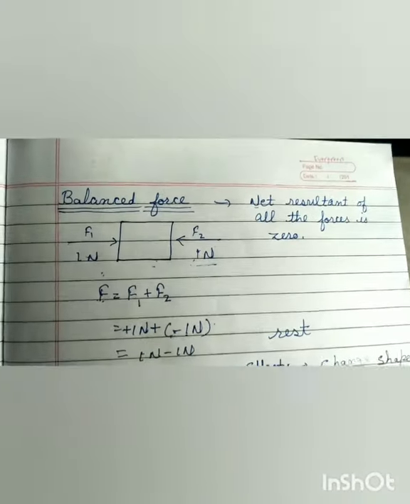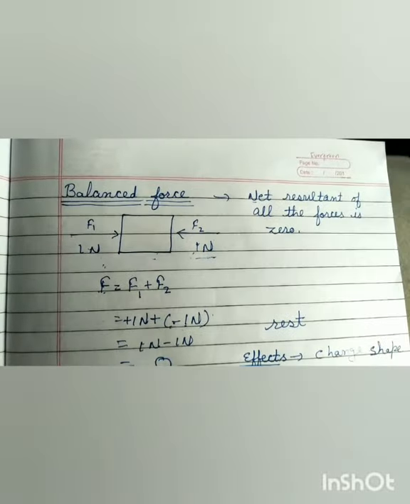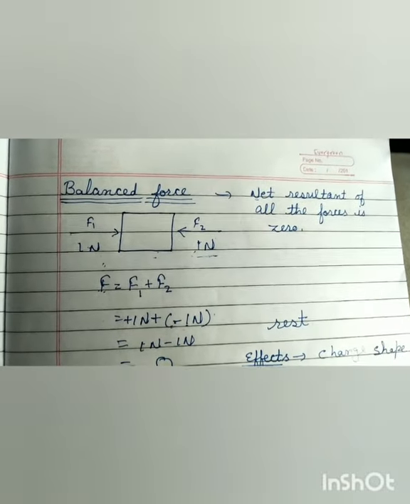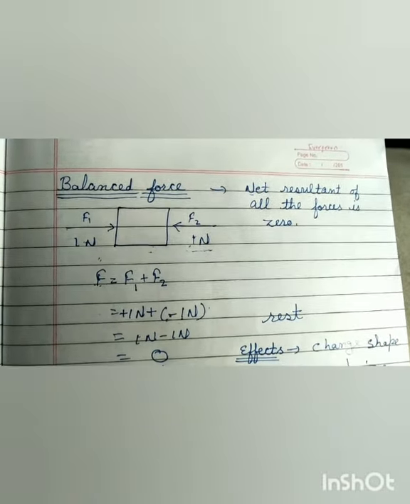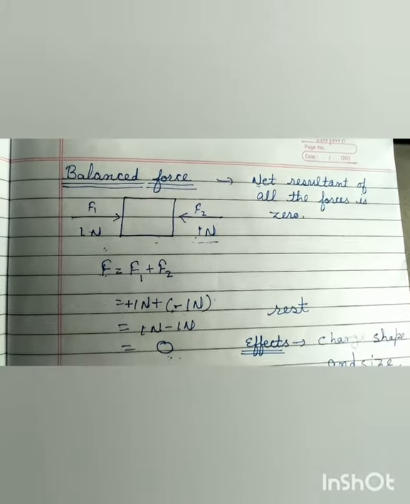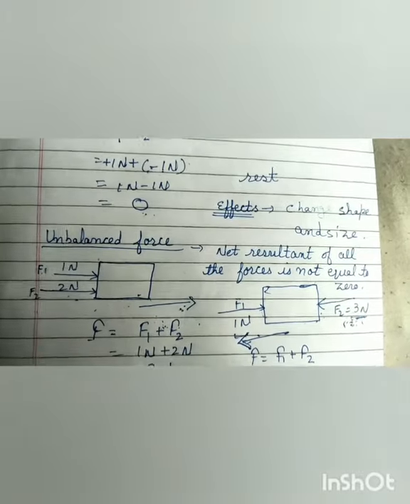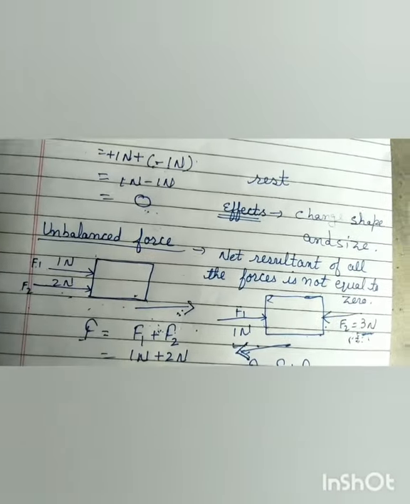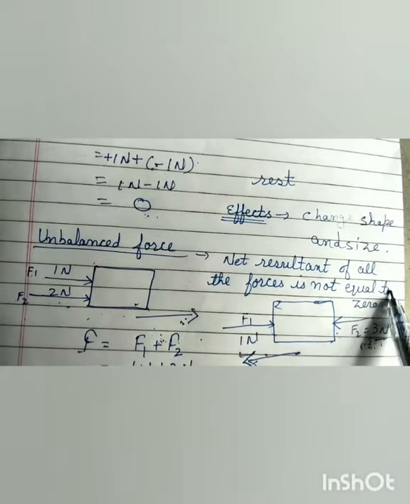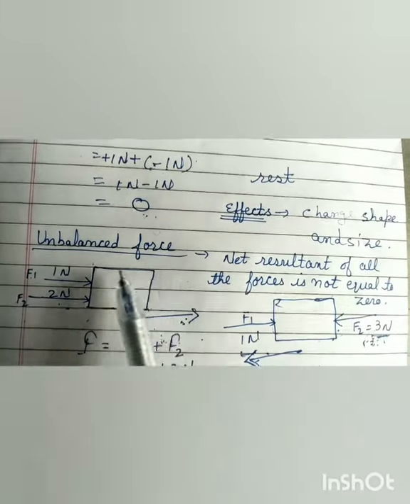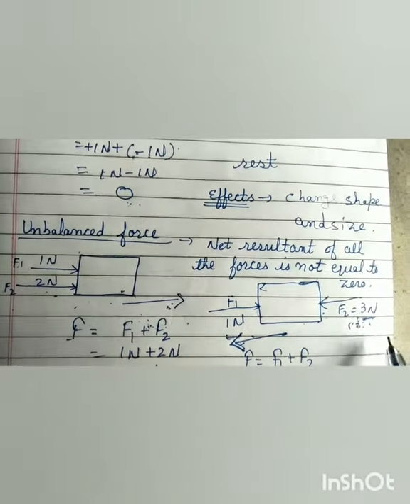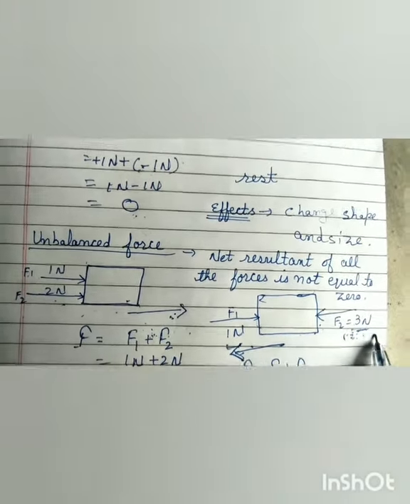From different activities, it is clear that in balanced force, the net resultant of all the forces acting on the object at the same time always comes out to be 0, whereas the net resultant of all the forces acting on an object in case of unbalanced force is not equal to 0. Means the net resultant in unbalanced forces always comes out to a non-zero number.